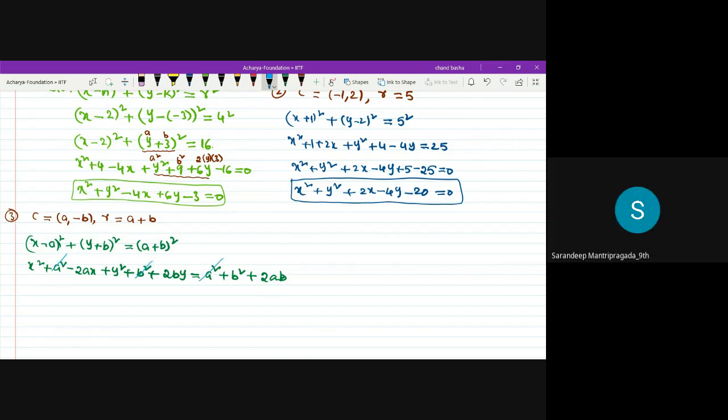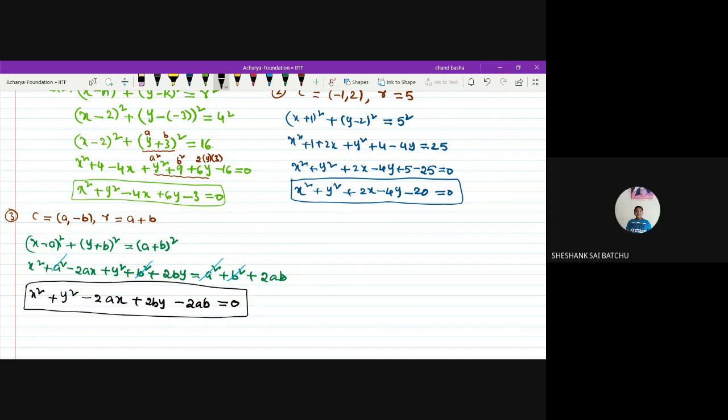No, sir. We don't have any constant. But I got the constant value as 2ab. X square plus y square minus 2 times of ax, 2 times of by, minus 2 times of ab is equal to 0. This is the required equation of the circle.